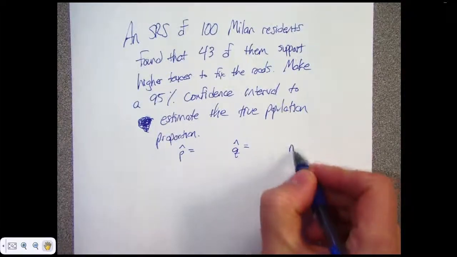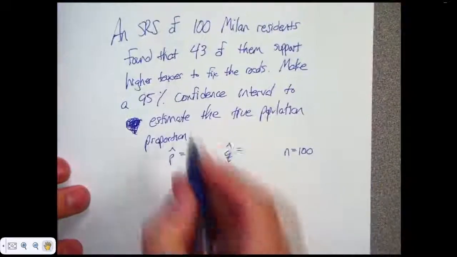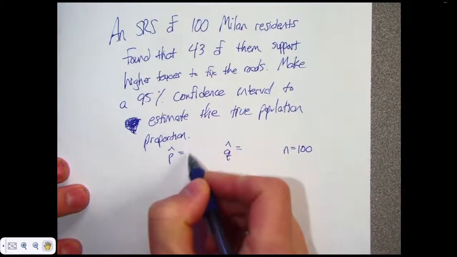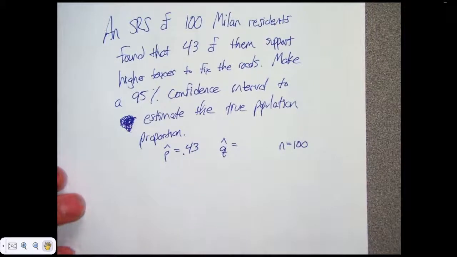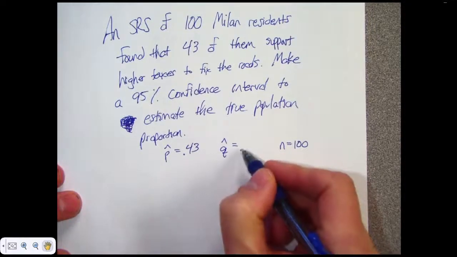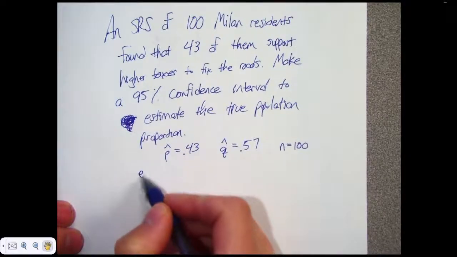N is 100. So there is 100 involved. P hat is 0.43. How am I getting that? 43% of them. 43 out of 100, right? So what's q hat? 0.57. So similar idea here.